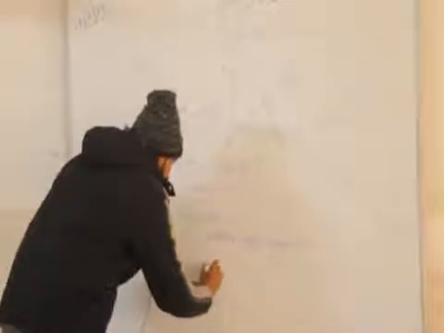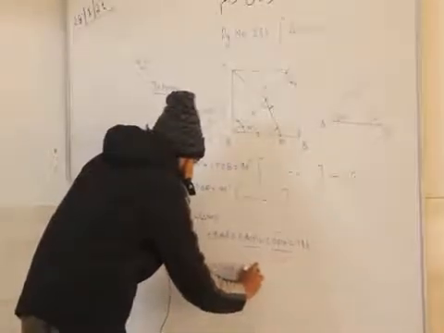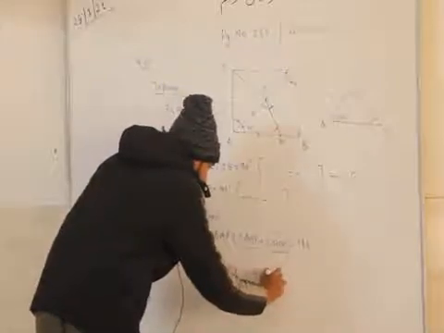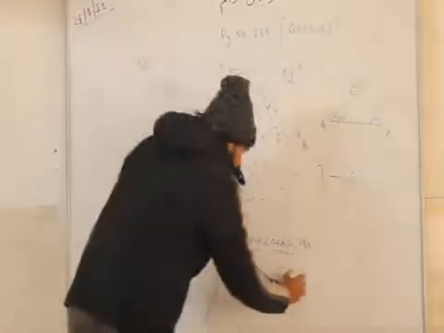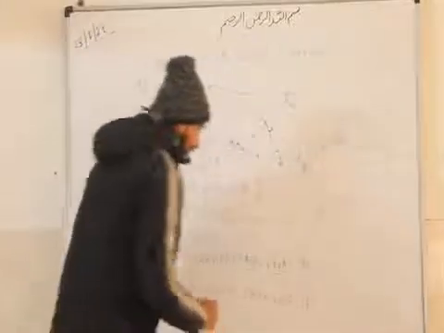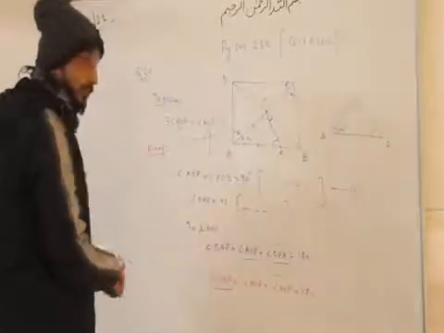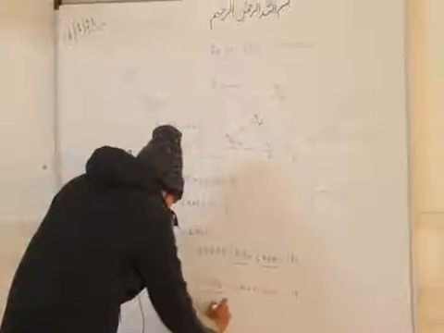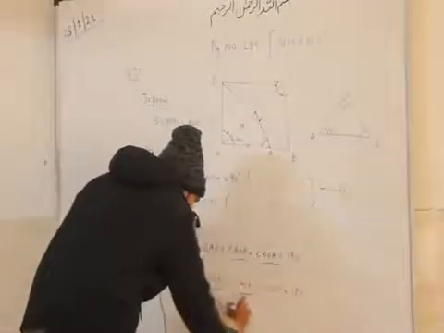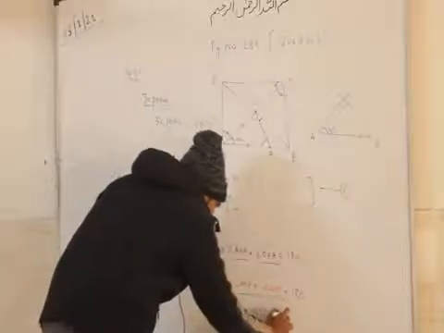So in place of this we can write angle OAP plus angle AOP plus this is also AOP is equal to 180 degrees. And we have calculated this OAP is 45. So we can write 45 degrees plus 2 times angle AOP is equal to 180 degrees.